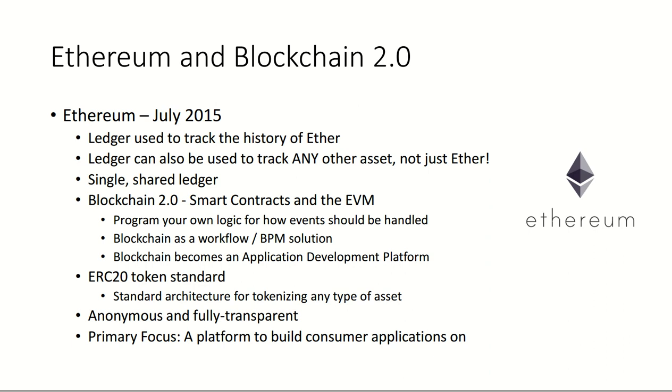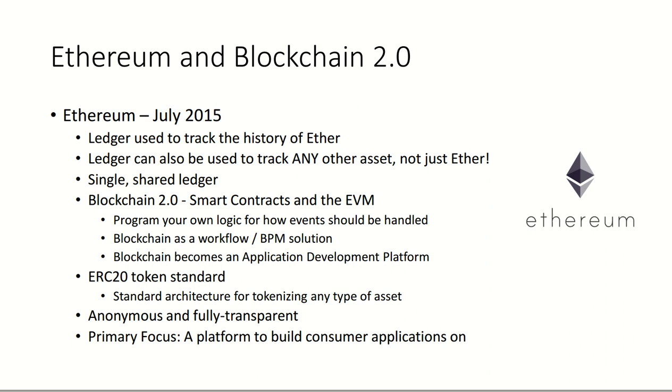That now we could use blockchain not just to record the fact that something interesting happened, but we could actually take action on that event. We could programmatically respond to information that got recorded on the blockchain. And this fundamentally changes the way that we view the technology.